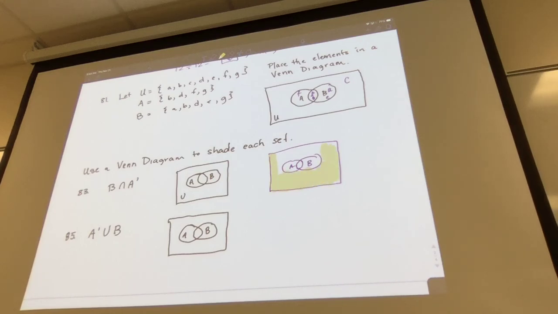So this is not A, right? And then I want to know what's in common with that. Oh, shoot, I didn't do all of not A. That's not A as well, right? So everything should be yellow except for the circle A.